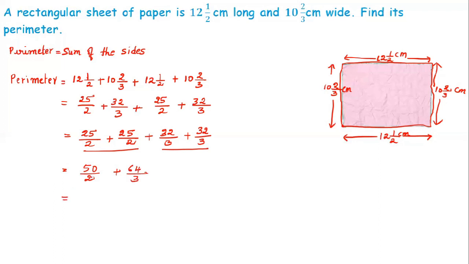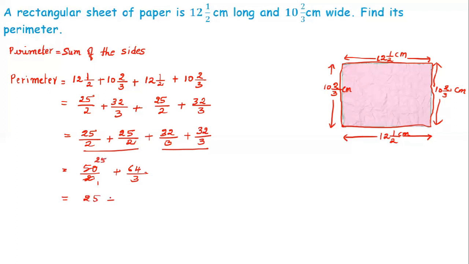Now denominators are not equal. You cannot add. So you have to make the denominators equal by taking their LCM. LCM of 2 and 3 is 6, or you can cancel here. 2 ones are 2, 25s are 25.